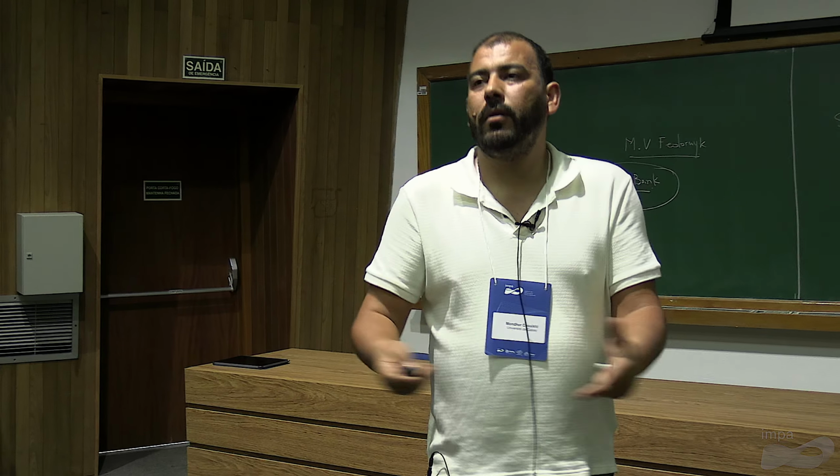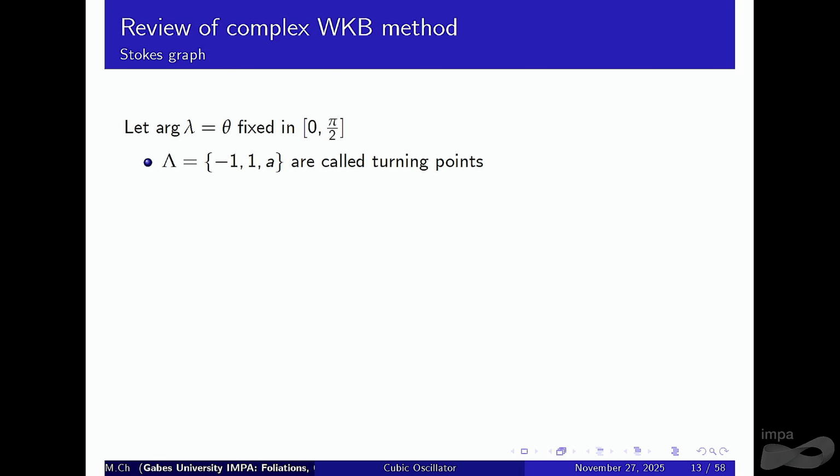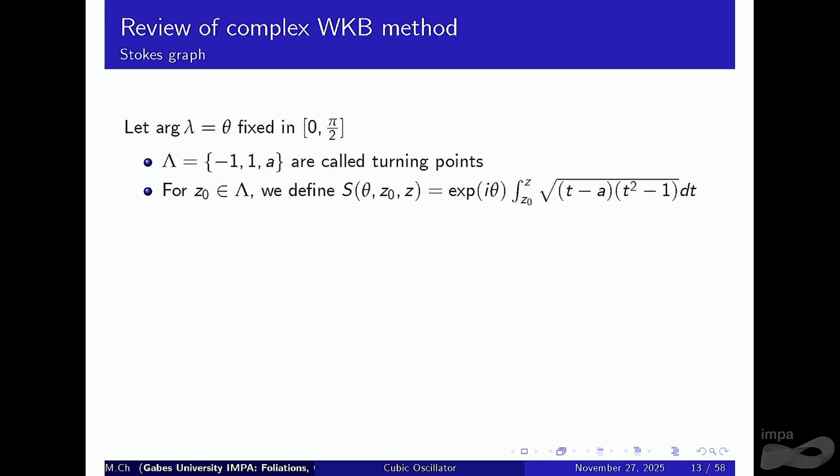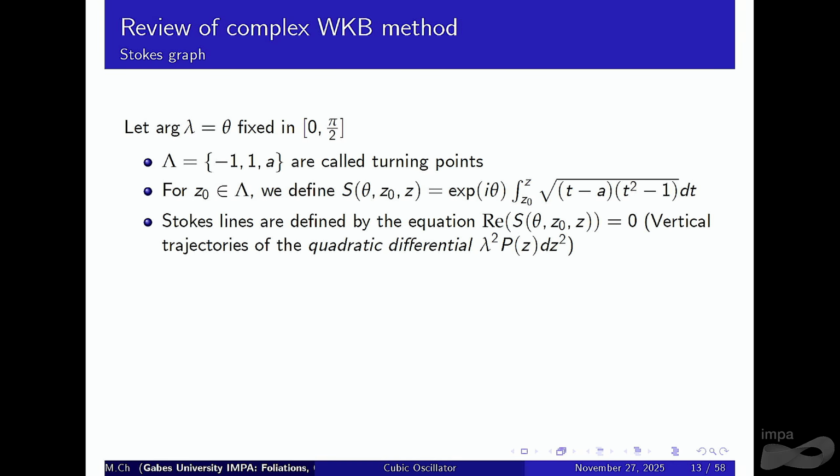We will describe all the Stokes regions associated to this differential equation, and these results are contained in the talk of my colleague Loray. We have the turning points, the zeros of the polynomial, and we have this function related to the potential.